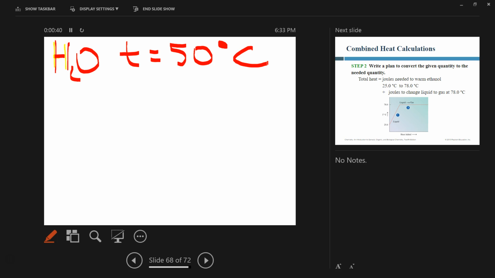So that's the temperature that you start with. That's your starting temperature, 50 degrees Celsius. I give you the mass, which is going to be 20 grams. Okay? And then I tell you that I want to know the amount of heat that you need to deliver to turn all this water into the vapor, into the gas.